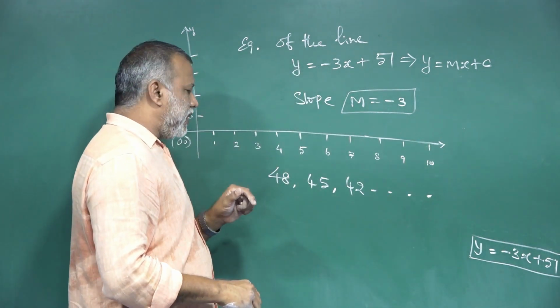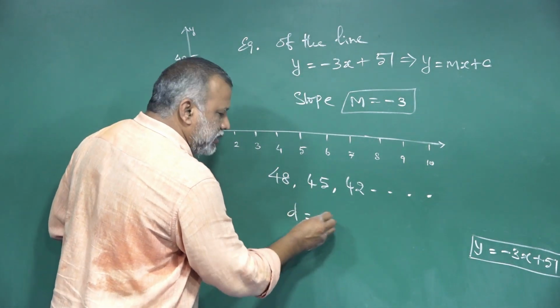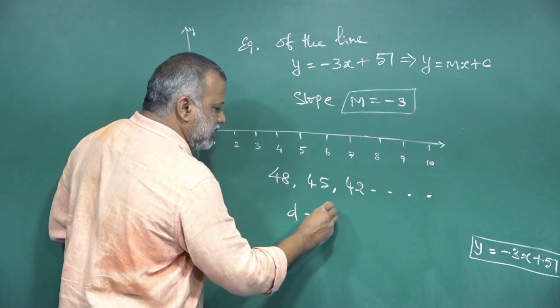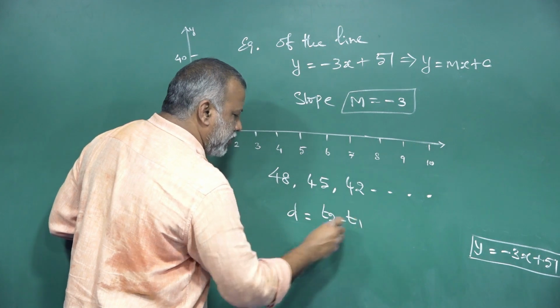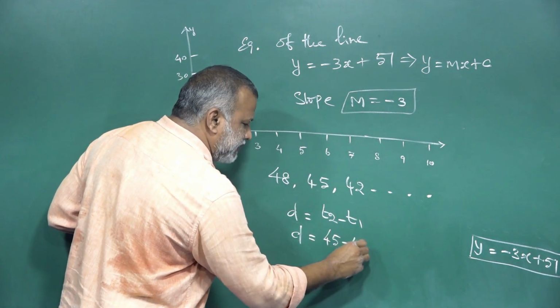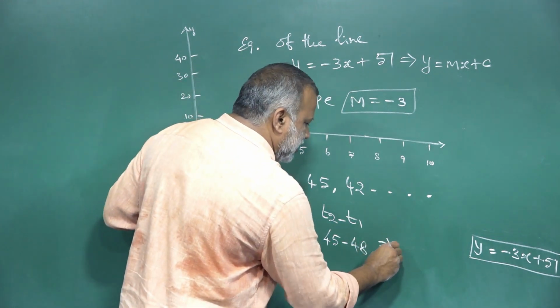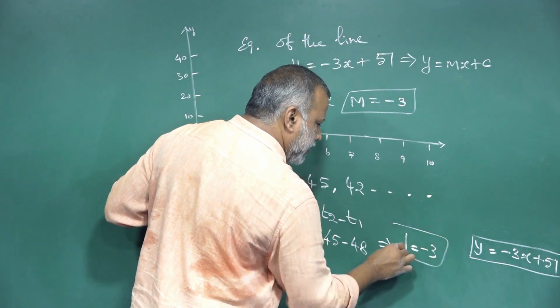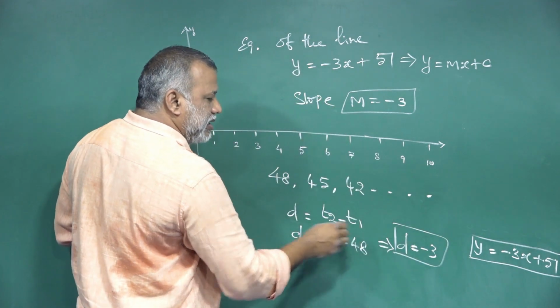In this AP, what is the common difference? See, T2 minus T1, that is a well-known procedure. You can write the formula, T2 minus T1. That means the common difference is 45 minus 48. That means the common difference d is also minus 3. So compare the slope and the common difference.